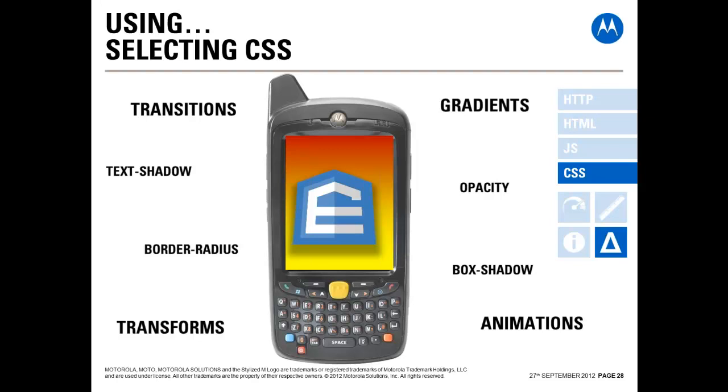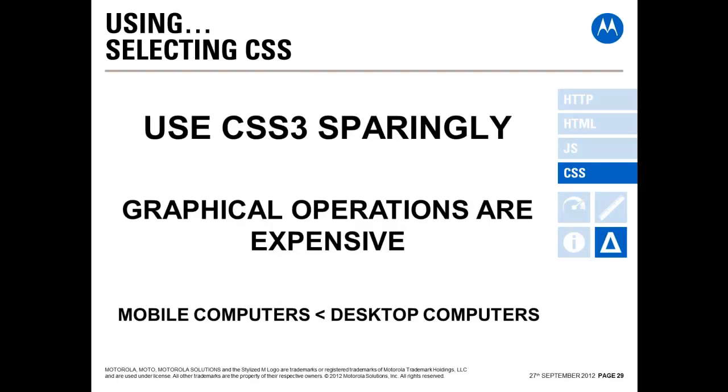For mobile devices, Windows devices for example, they may not have GPUs, and therefore all of the graphics processing will have to be done on the main CPU. This can make a really bad user experience. So therefore, use CSS3 sparingly. Mobile computers are not desktop computers.